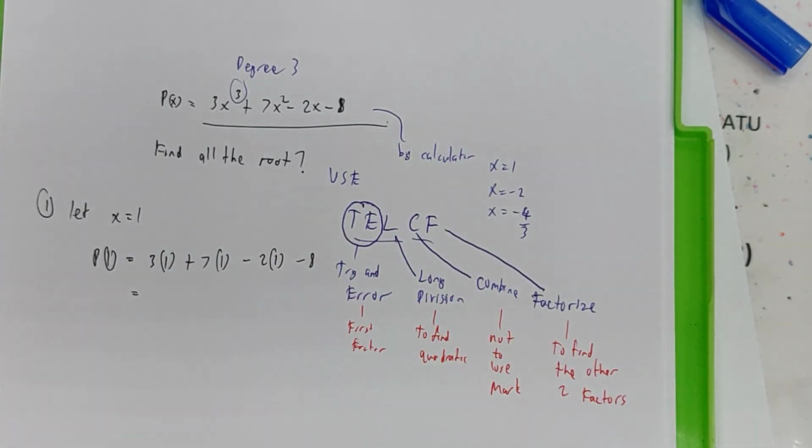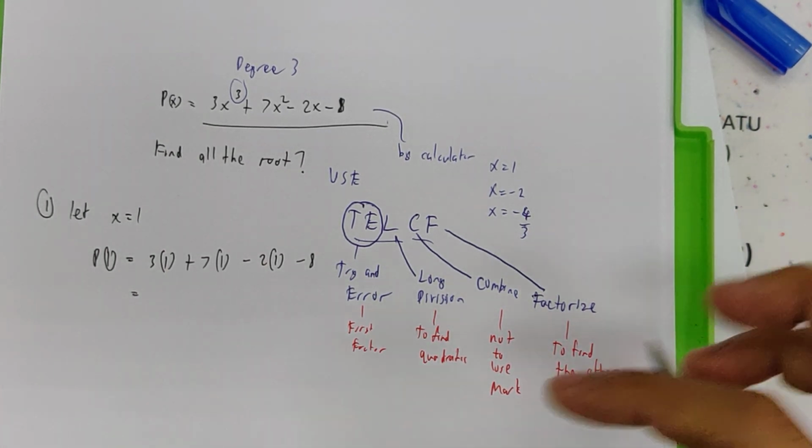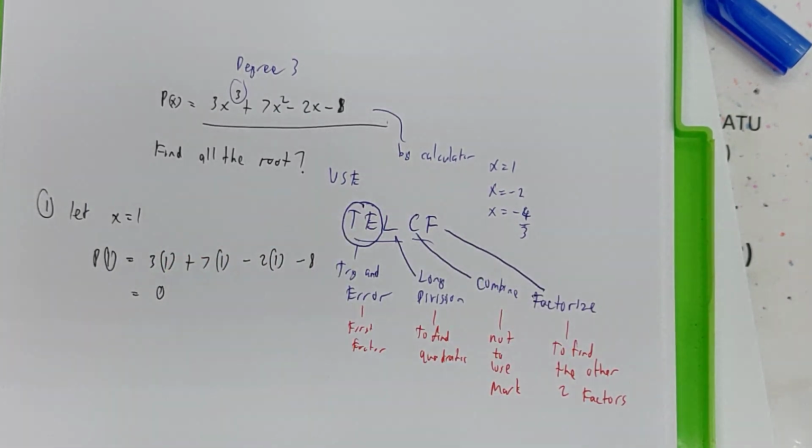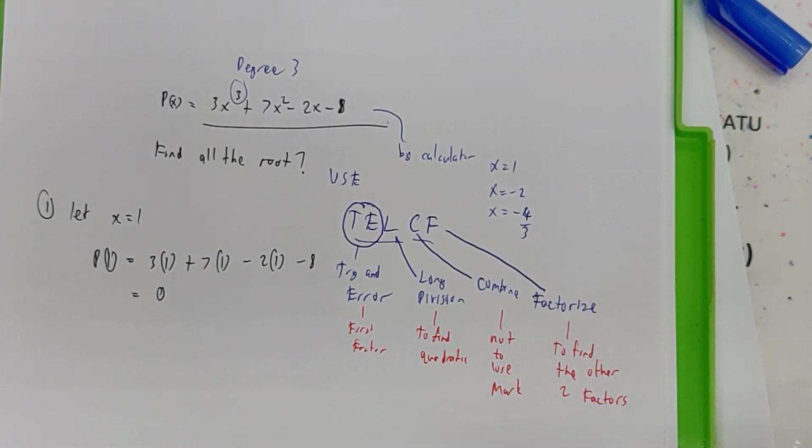This whole thing is equal to what? You can press your calculator. I'll give you a magic. It's 0. Why is it 0, sir? Because it's a factor. If it has a remainder, then something else will come out.